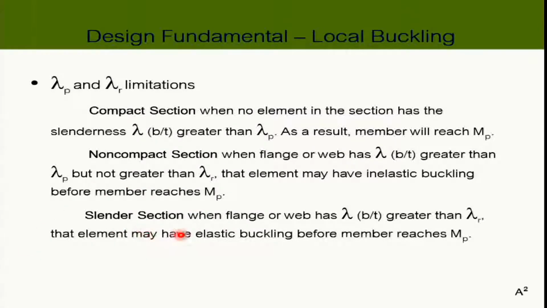And when either the flange or the web has a slenderness ratio way beyond lambda r, it is going to buckle in the elastic zone, which means it's going to happen very, very quickly. So the flange or the web will just pop, like that, buckling elastically, and then you have to stop loading your beam. And when you stop loading, either the flange or the web will go back to its original position. Say, oh, I'm okay, because that's elastic buckling, but the load carrying capacity of your beam will be very, very small. Okay, so we have 3 zones now instead of 2.